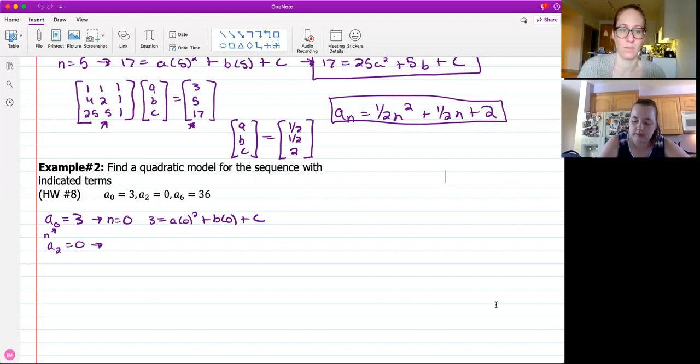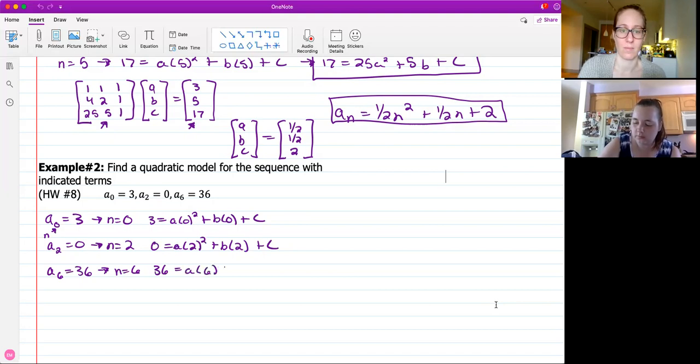In this case, n is equal to 2, and 0 is equal to a times 2 squared plus b times 2 plus c. And then we can do the same thing with a sub 6 equals 36. n is equal to 6, and so we have 36 is equal to a times 6 squared plus b times 6 plus c. Okay, and now we need to simplify all of these really quick.